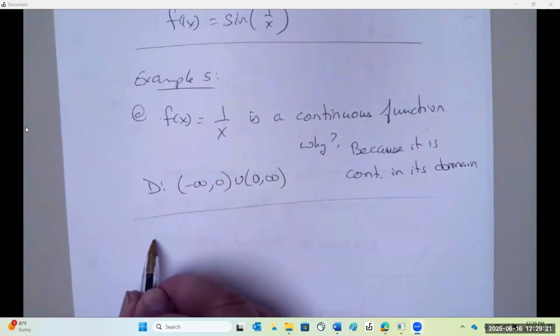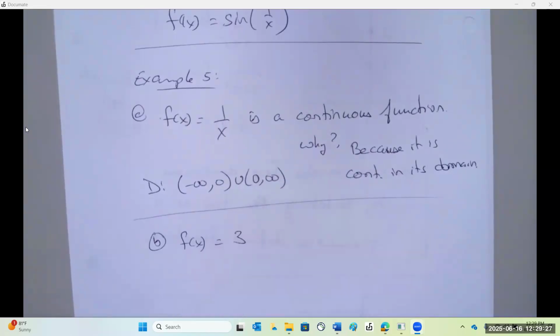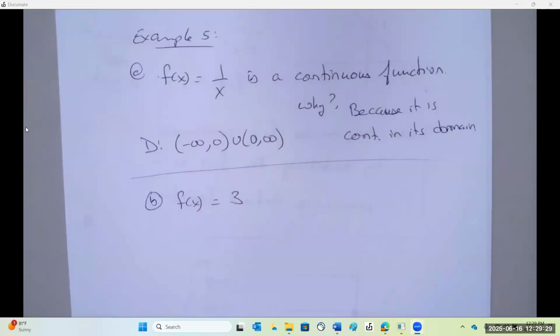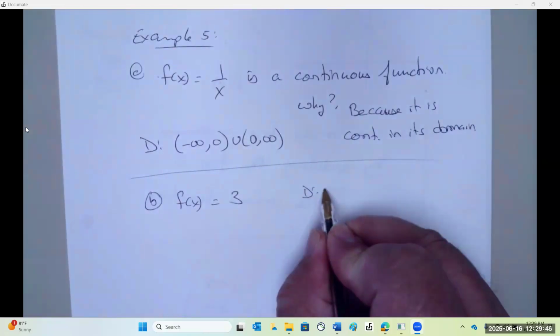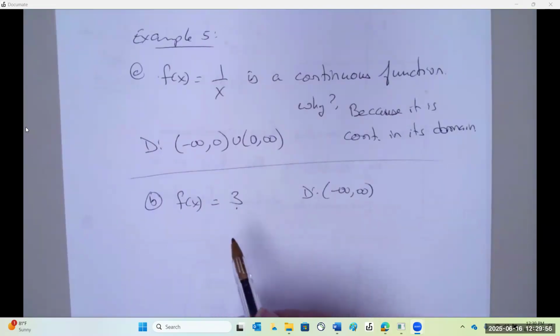How about, why is that a continuous function? Doesn't tell me why. You just described the function. Okay, we know the domain is negative infinity to positive infinity, but it's continuous because the limit exists and equals 3, and the function exists at any point c and is 3.